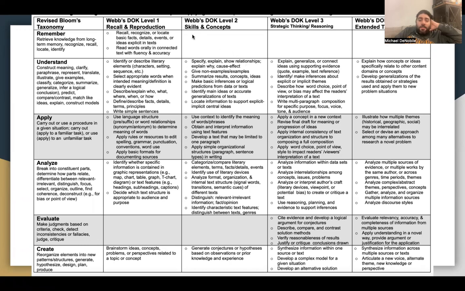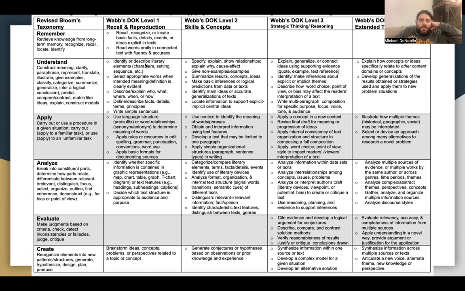And you'll notice that sometimes, for example, Bloom's 1 is only at a DOK level 1. There is no Bloom's level for DOK level 2 for remember. There's no 3, 4 because the remember stage is simply recall. So that's why there's nothing on these. At the understand level, you can construct an assessment or a question for understanding that is at the recall level.